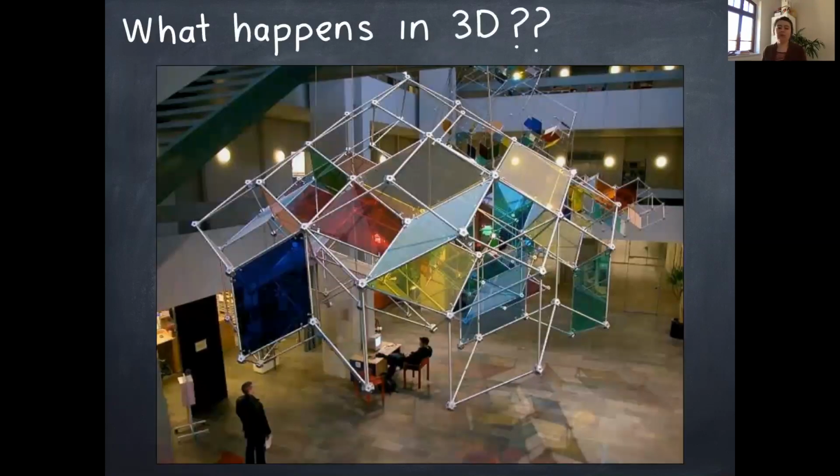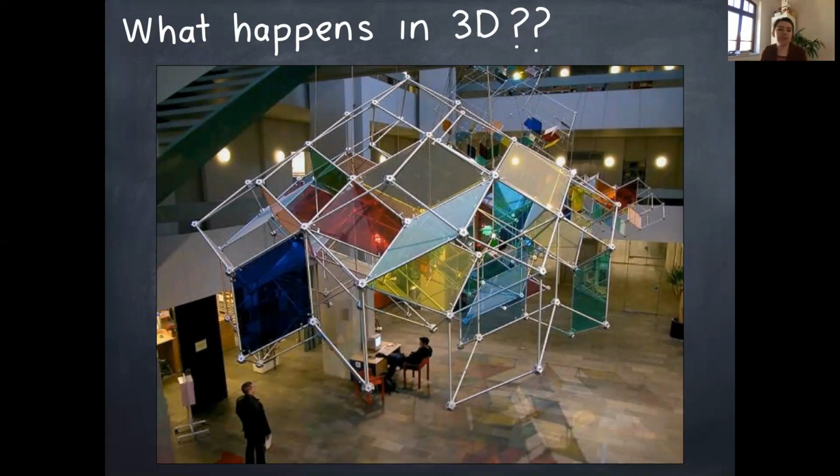Okay, so that's what we did for 2D, but we're interested in what happens in 3D.